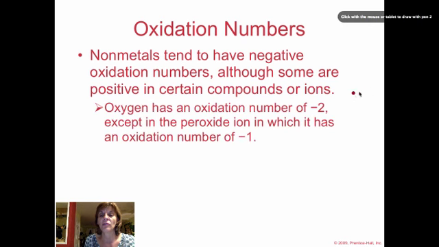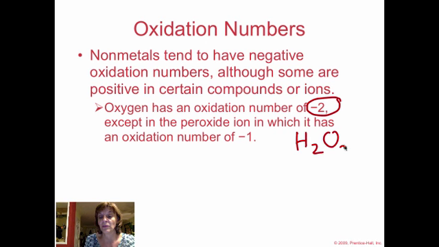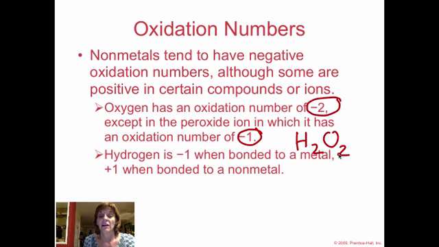Oxygen, we can almost always count on being a -2, unless it's in a peroxide, such as hydrogen peroxide, and then it's a -1. But you would know from the name if it's a peroxide. Hydrogen can be +1 or -1. It's -1 when it's bonded to a metal, and +1 when it's bonded to a nonmetal. We typically see it as a nonmetal.